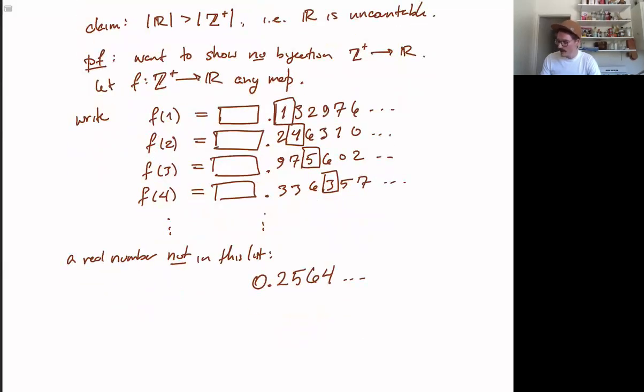And why is this number not in the list? We've constructed it perfectly so that it satisfies that property. Because it's not f of 1, because it differs from f of 1 in the first decimal place.